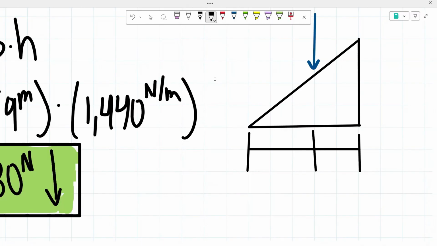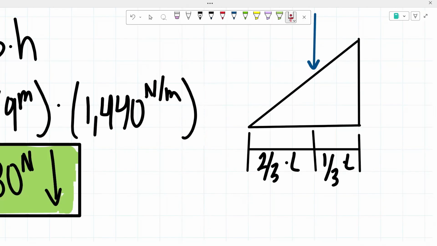If you're looking from the left side, the resultant force is always either 1/3 from the right to the left, or 2/3 in from the left to the right. So this is 2/3 of the length, and this is 1/3 of the length. So our resultant force is right here.